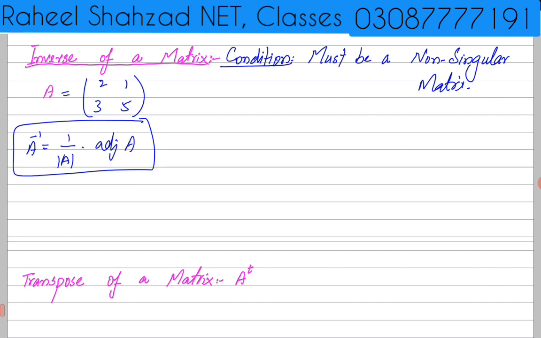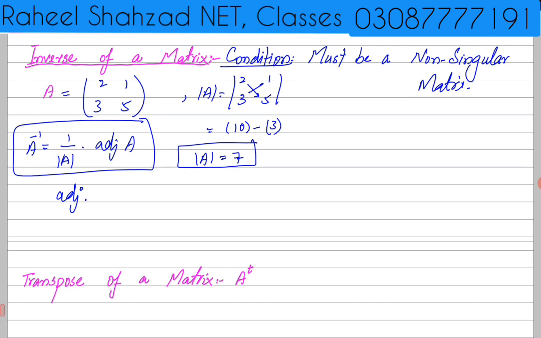So for example, |A| in this case is [2, 1; 3, 5], that is equal to 10 minus 3, which is 7. So your |A| is equal to 7, and your adjoint of A is going to be: you change the positions of the first and last, and you change the signs of the second and third.